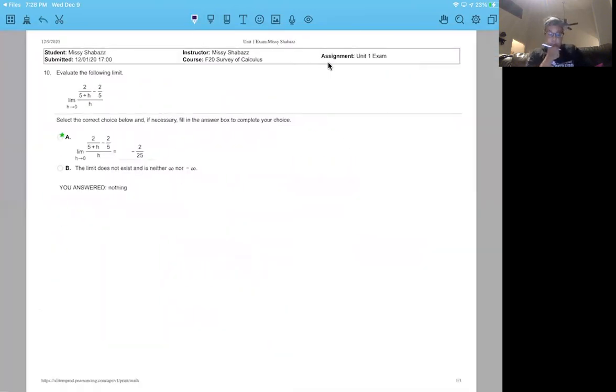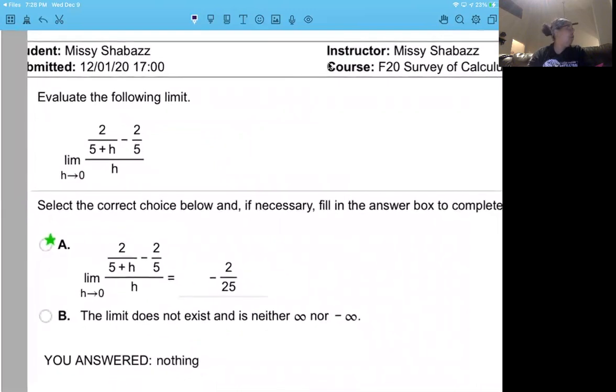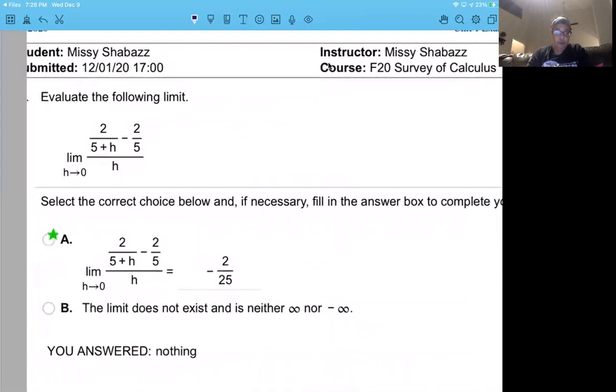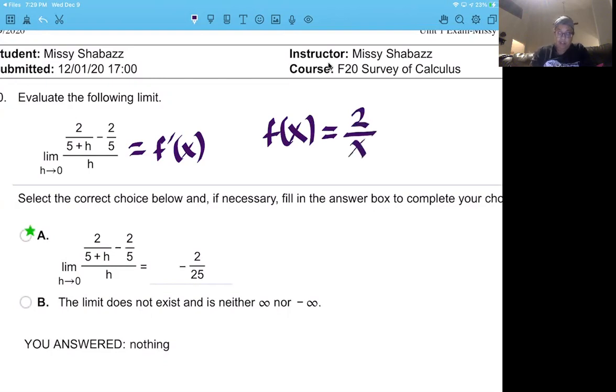All right, next question. Now they want us to find the limit as h goes to 0 of 2 over 5 plus h minus 2 over 5 over h. And we should notice that this is the derivative of f of x if f of x were equal to 2 over x, I guess, at 5.